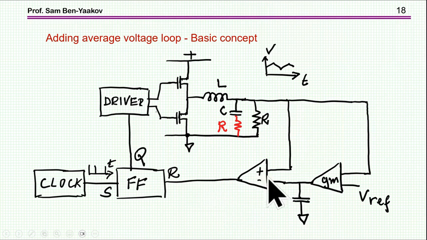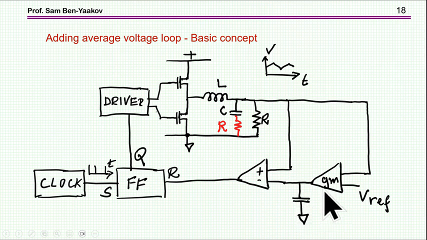And the way to correct it is to add indeed another path of the DC component. Here I have a GM amplifier, a transconductance amplifier. I'm comparing the output to the reference, and then I have here a capacitor.